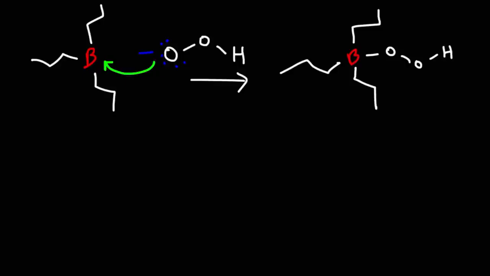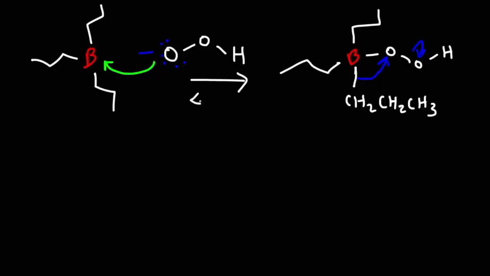Now in the next step, one of the alkyl groups, let me actually draw out one of the alkyl groups. So the one that's going to react, I'm going to write it as CH2, CH2, CH3. So this is going to attack this oxygen, expelling hydroxide.